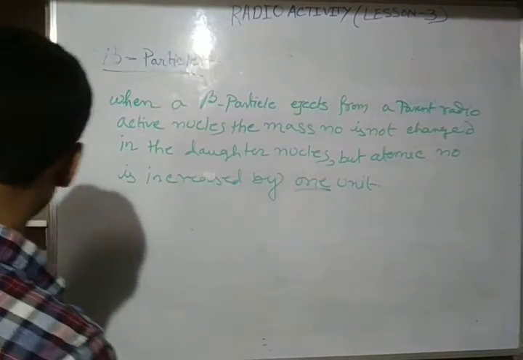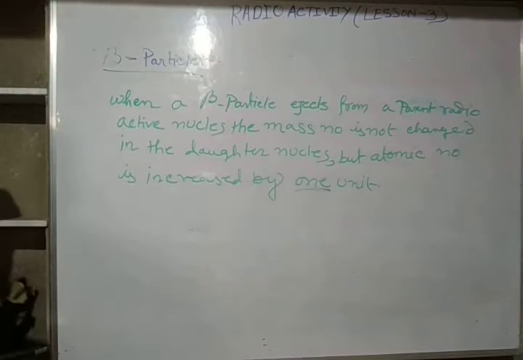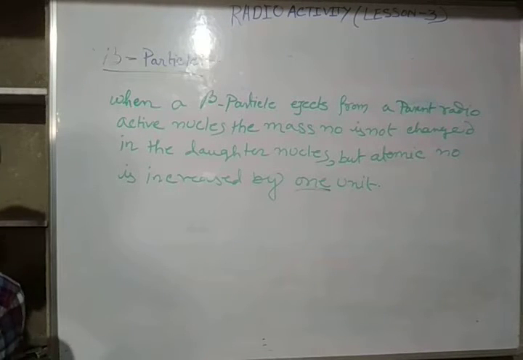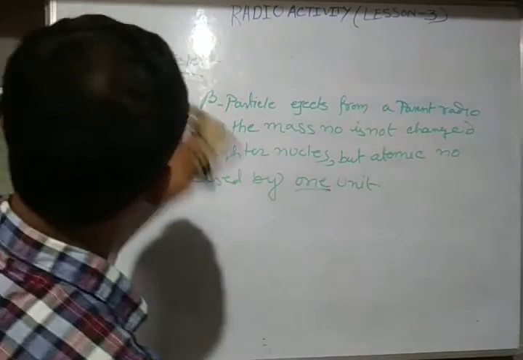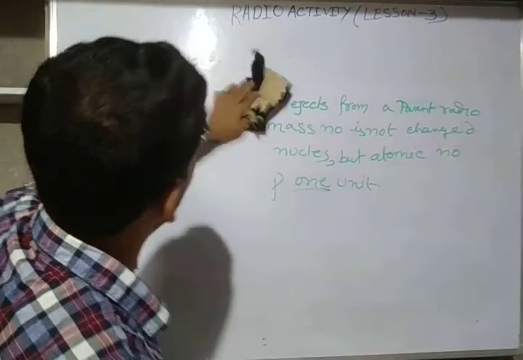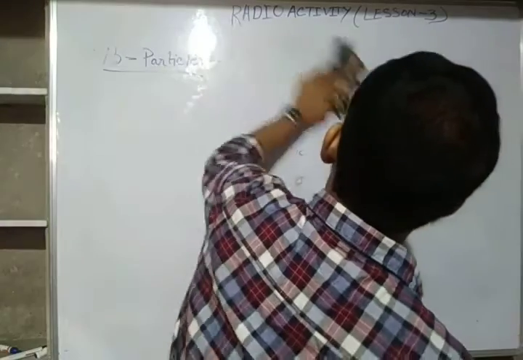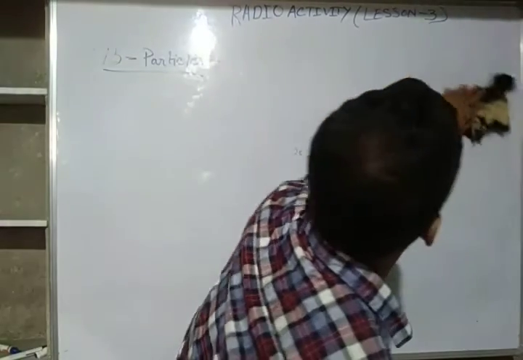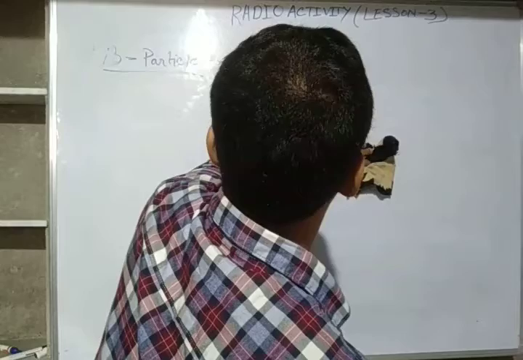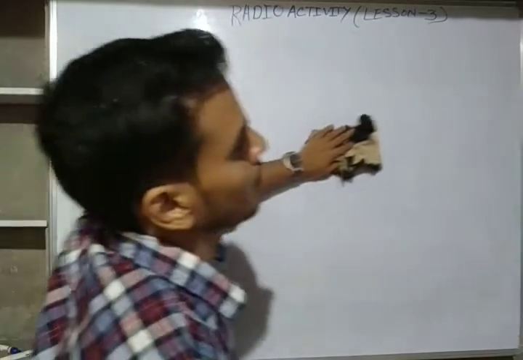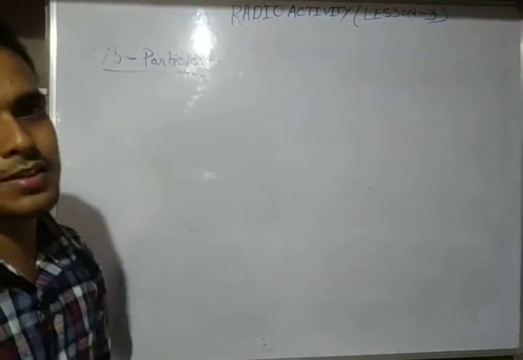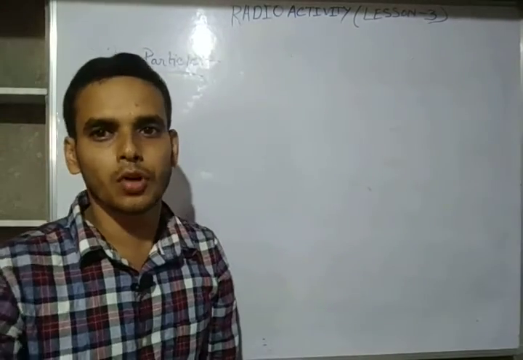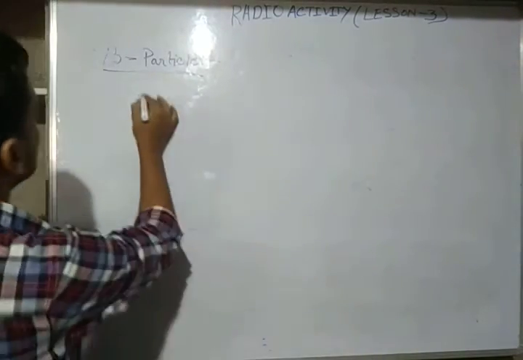Let's take an example. We studied in the discussion of instability of the radioactive nucleus that a beta particle ejects from a nucleus when the neutron to proton ratio becomes too high.